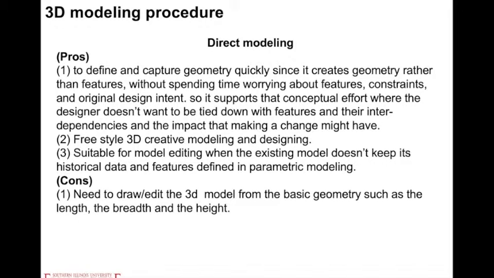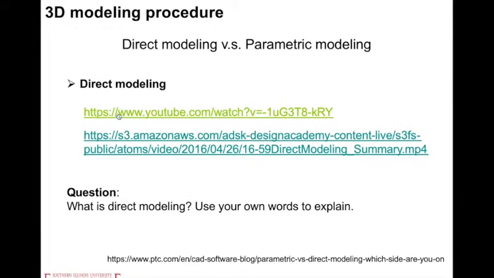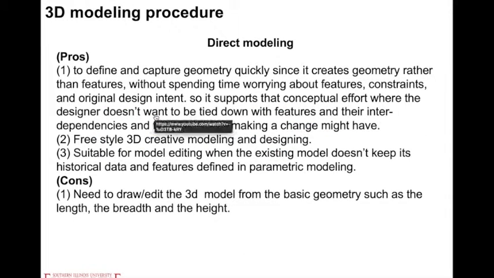For example, in the video I show in this slide, the YouTube link, it gives an example of direct modeling in AutoCAD Inventor software. That software targets user groups who do a lot of creative modeling or design work.